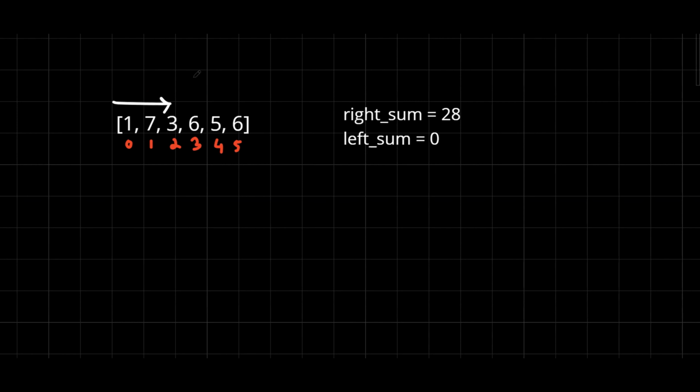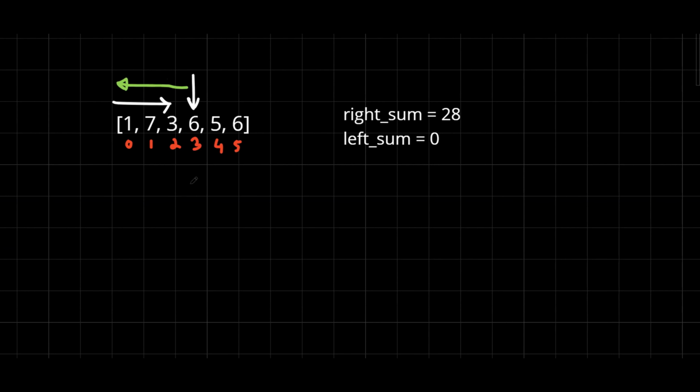And suppose currently we are at this element. For each element, we will check the summation of the left side values and the summation of all the right side values. If they are equal, then we simply return the index.